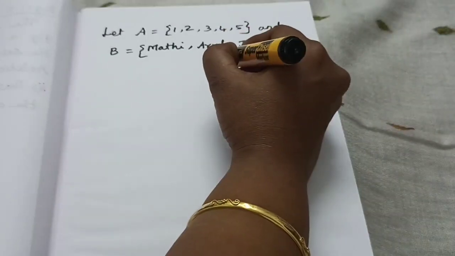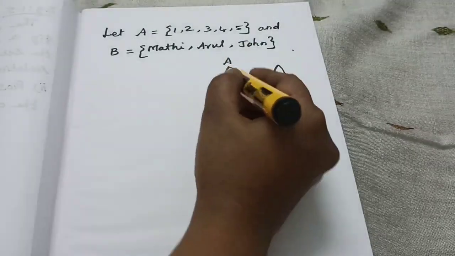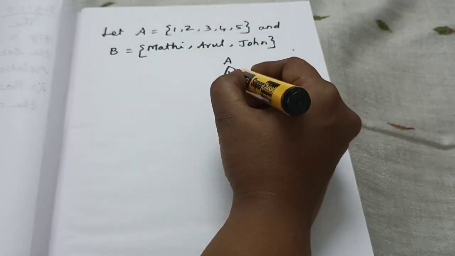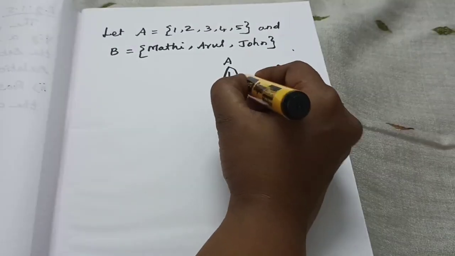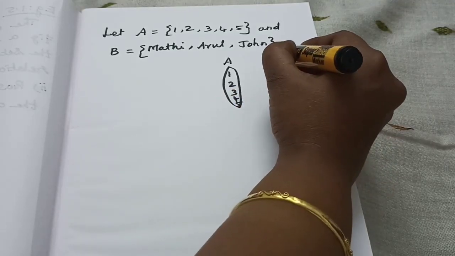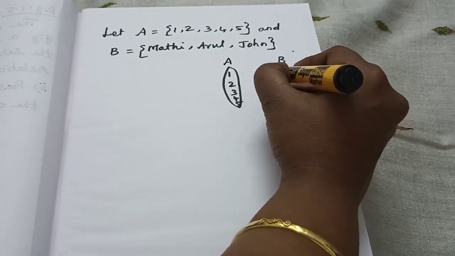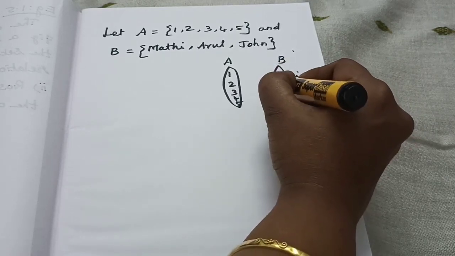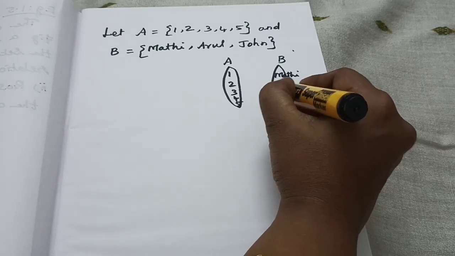Okay, then the A values we have to represent in the first set. Here what are the elements? 1, 2, 3, 4, 5, isn't it? Then the B elements we have to write here: Madhi, Arul, John.